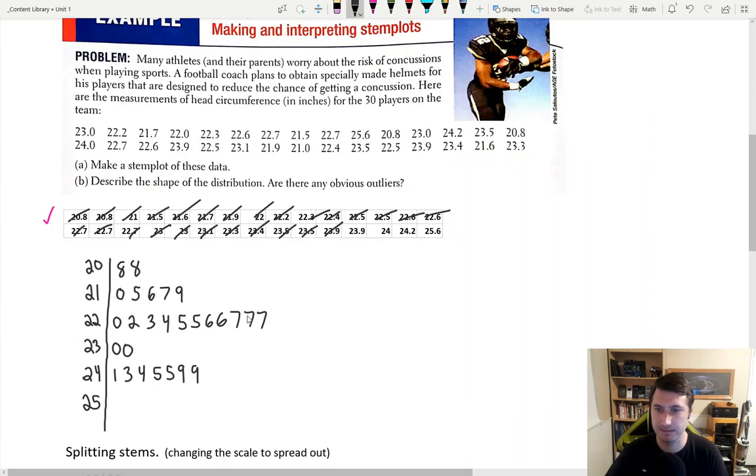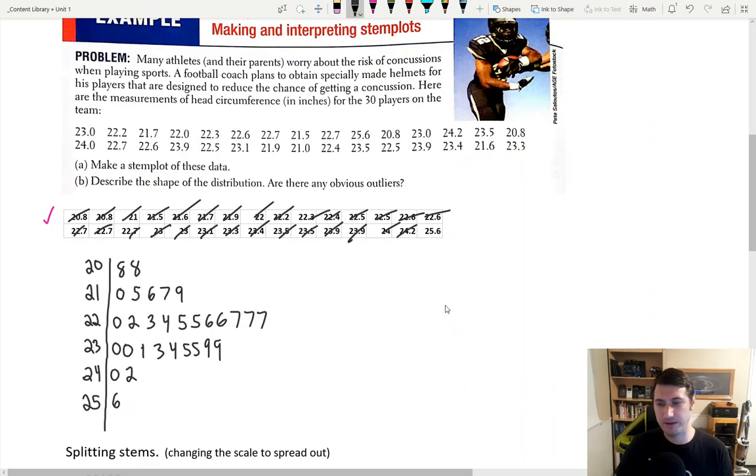I did, didn't I? Lame. All right. 1, 3, 4, 5, 5, 9, 9. Those were all 23s. Wow. There we go. 24.0, 24.2, and 25.6. So there we have our stem plot.